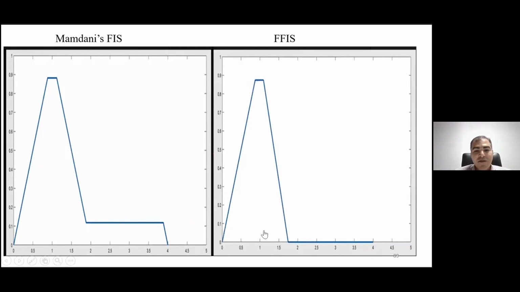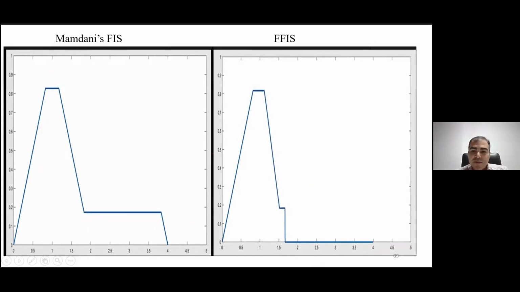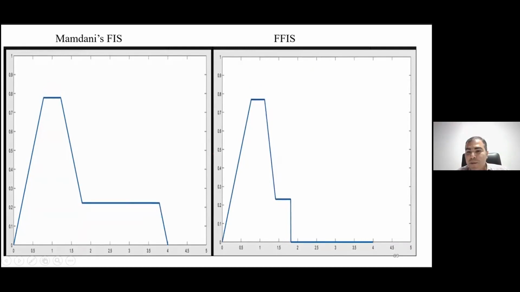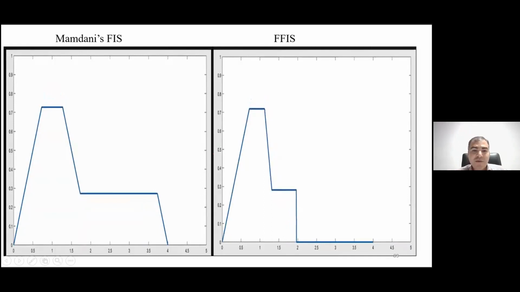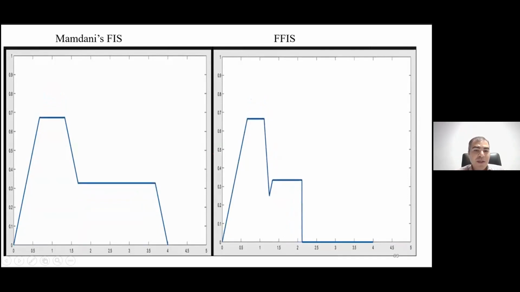But here the volume of information is based on the truth degree. Let's start. And as you see here, the output of FFIS is a fraction part of the output of the typical FIS.